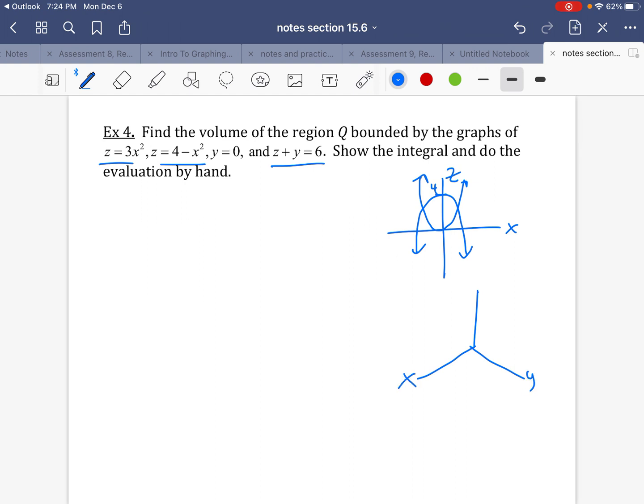All right, so let's look at this guy right here. That is a plane, so I can draw that on the x, y, z. It's touching at z equals 6 and y equals 6, and coming across like that. Meanwhile, our shape over here, the parabolic cylinders we were drawing, remember that's going on the z and x axes. So let me draw that, coming back. So we have this shape down here.